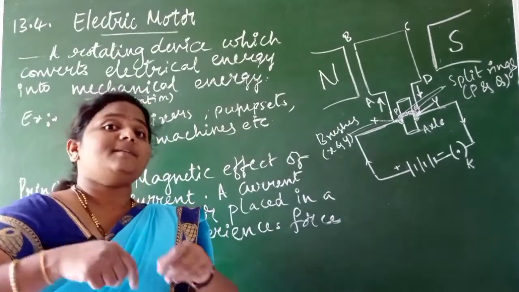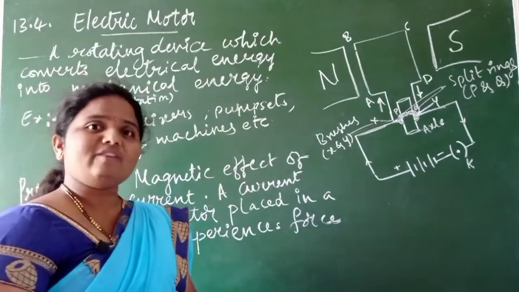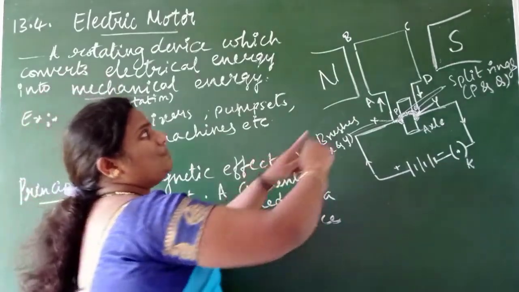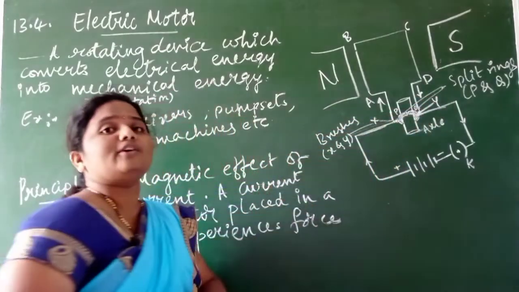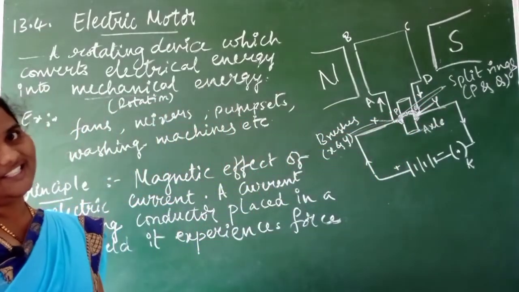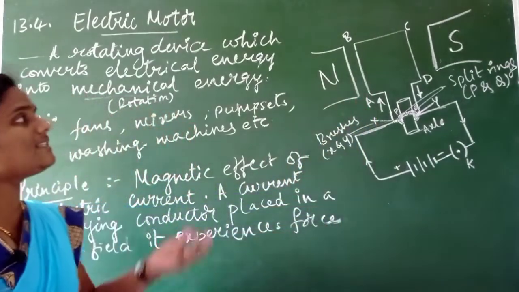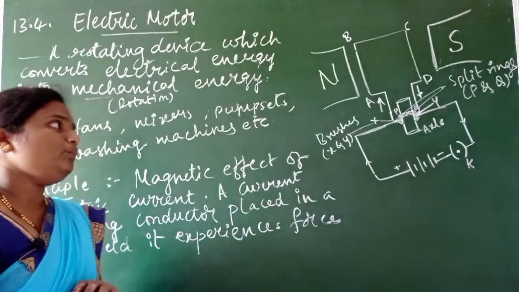If it is bent in many turns, we call it a solenoid. In the same way, if the wire is bent in a rectangular shape, that is called a rectangular coil, children. The rectangular coil we need, we have named it ABCD.